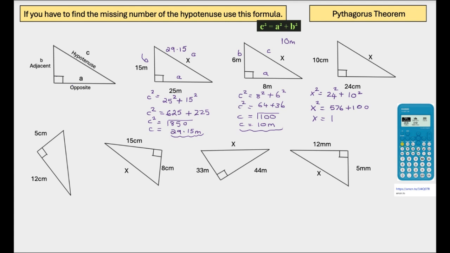X equals the square root of that, which is 676. So our X equals 26 centimetres. Nice round number there. So we now know our X, that missing side, equals 26 centimetres.